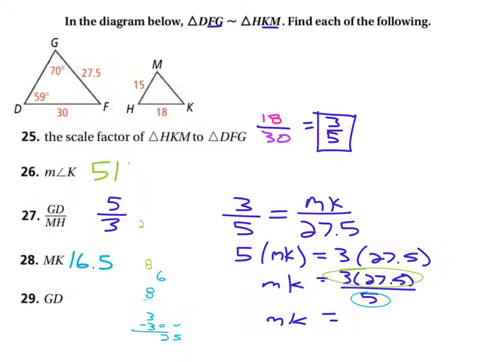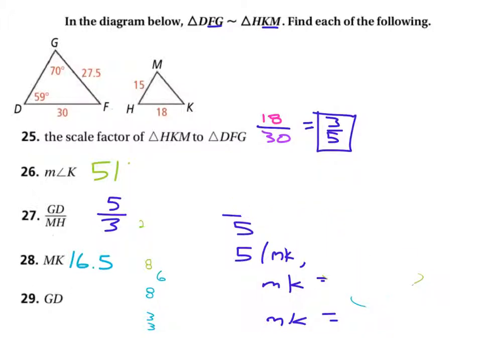Okay, the last thing we need to do is identify what is side GD. And again, we'll use what the scale factor is that we know, and we'll set it up as a ratio and solve it. That's why these are so powerful, because we can use all these as ratios. So GD is on the long side.